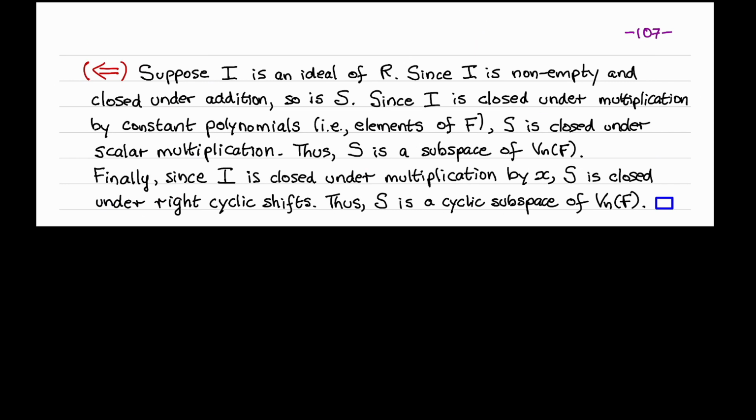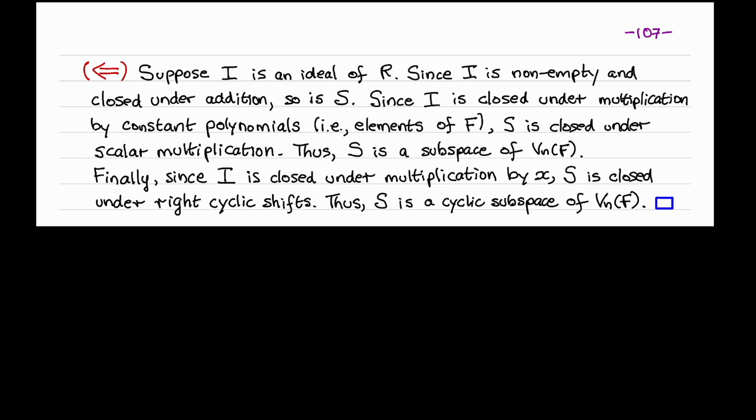Finally, since I is closed under multiplication by all polynomials in R, it's also closed under multiplication by the particular polynomial x. Recall that multiplying a polynomial in R by x corresponds to the right cyclic shift of the vector associated with that polynomial. And so we can conclude that S is closed under right cyclic shifts.